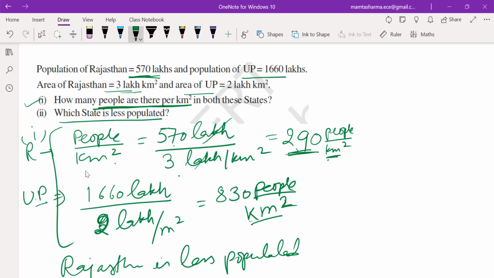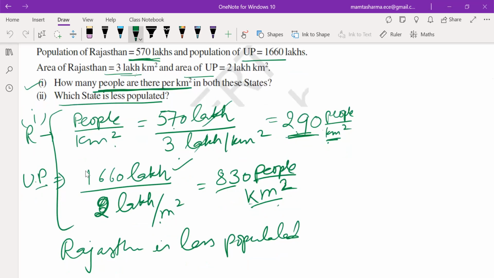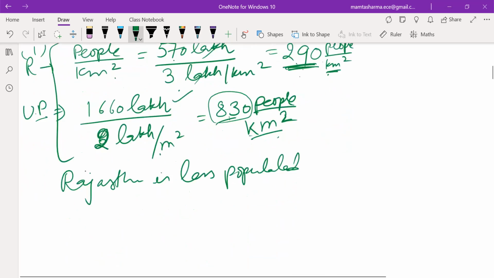Same for UP: take the population and divide it by the area, and you will get 830 people per kilometer square. This is the required ratio. And the second one, which state is less populated? In UP, the number of people is more. In Rajasthan, the number of people is less. So fewer people, less populated.